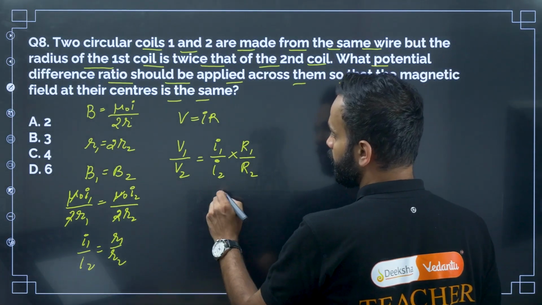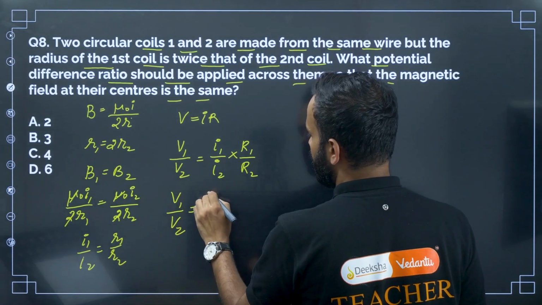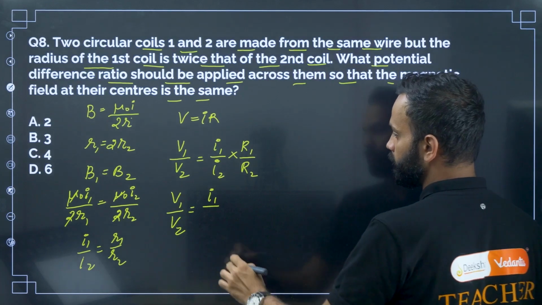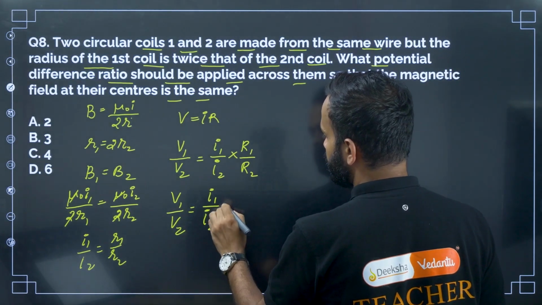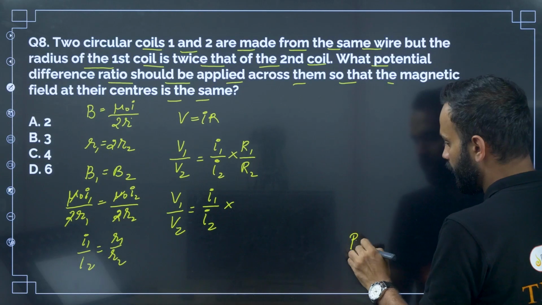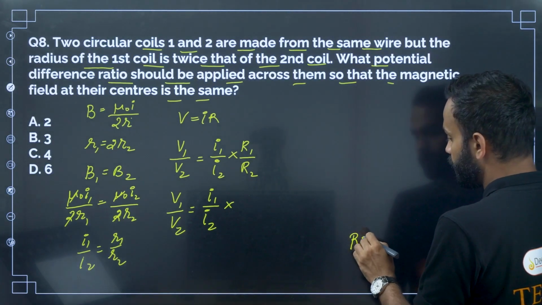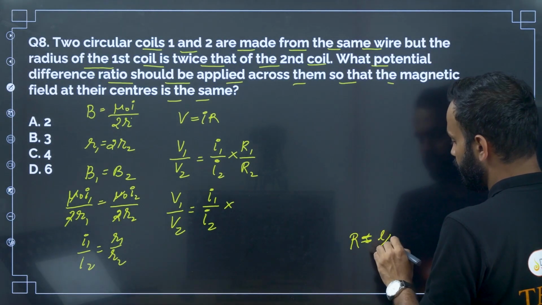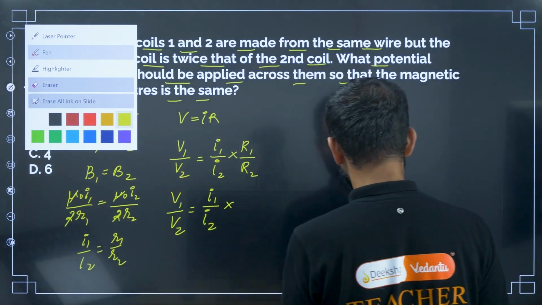So now V1 divided by V2 is equal to I1 divided by I2 into the ratio of resistances. We know that R is equal to L by A into rho.